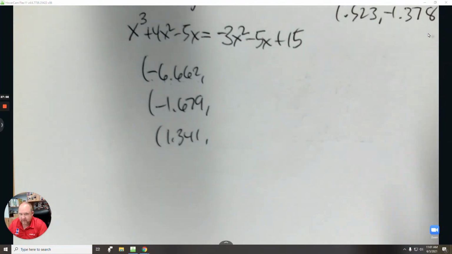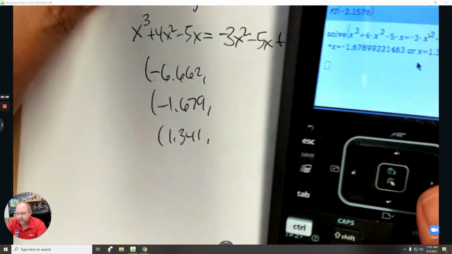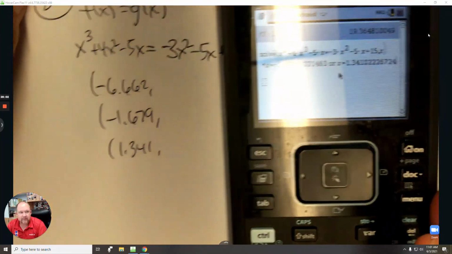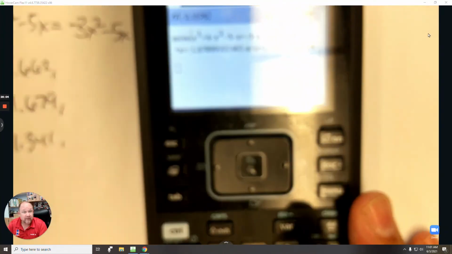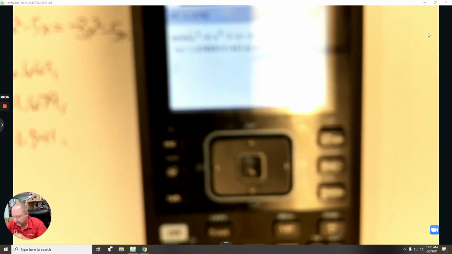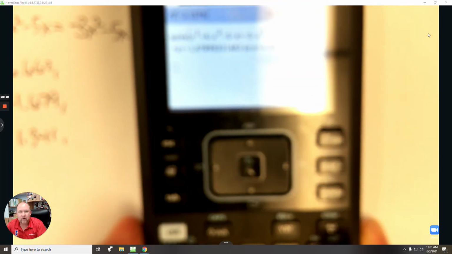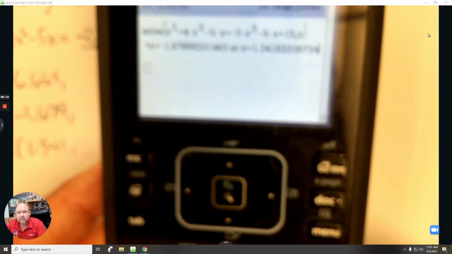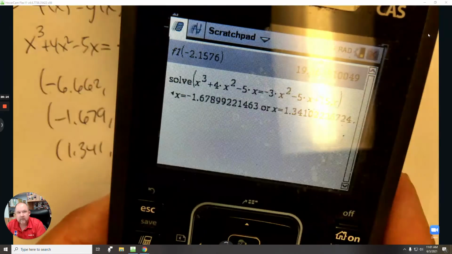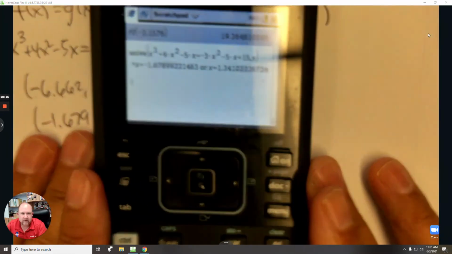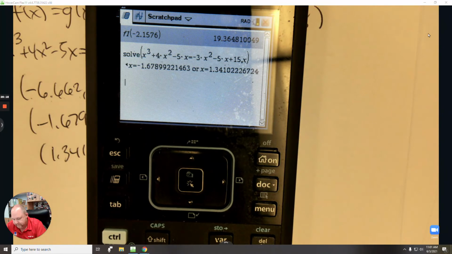For each of these, I still need to find the y-coordinate. Remember we defined the calculator already, where the first equation is just f1(x). So I'm going to type in f1, and then the first value, negative 6.662. Control Enter.